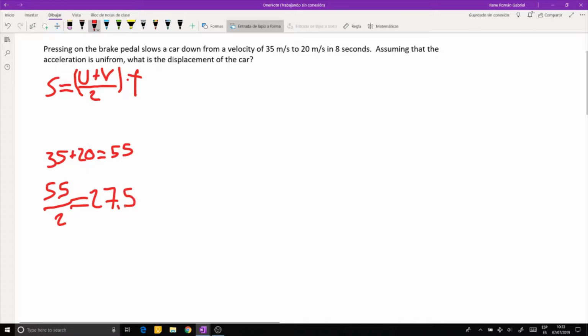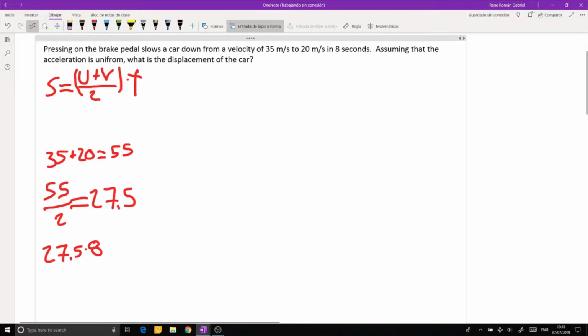27.5. And then 27.5, they tell us we have to multiply it times time. So we have to multiply it times 8. So 27.5 times 8. And I would just put it into the computer.